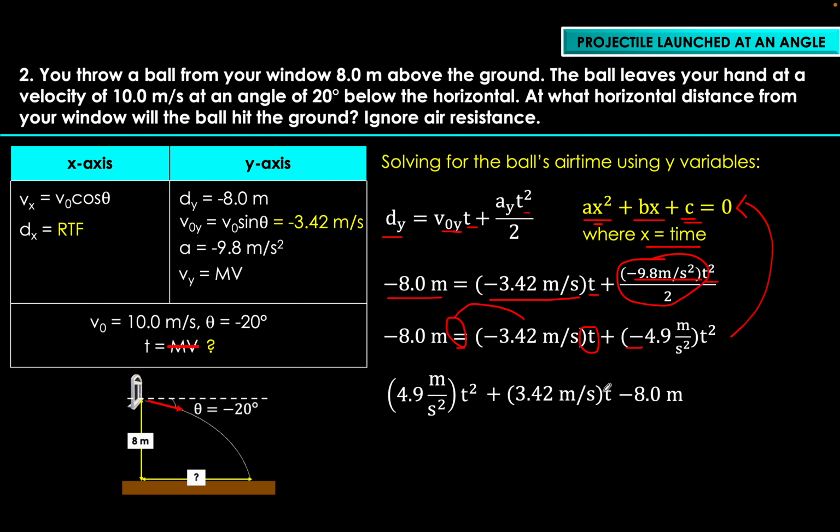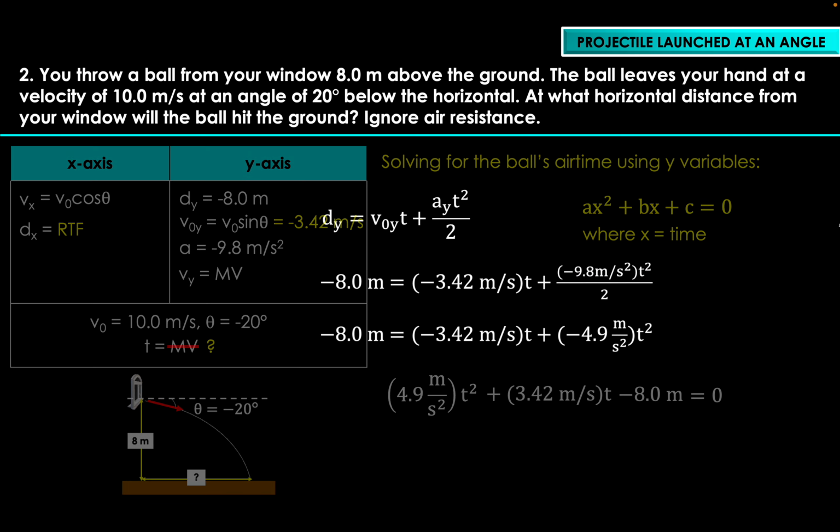That would be negative 8.0 meters. As you can see, it does not change its sign because originally it's on the left side of the equal sign, and it's still on the left side. So it's negative 8.0 meters still, and then equals 0. We're just completing our quadratic equation. So this is now our quadratic equation.